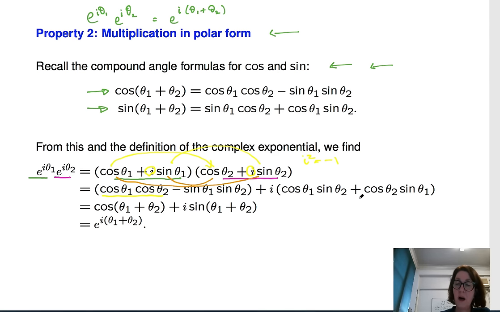So I get I sine theta 1 times cos theta 2. So that's all the cross multiplication, all collected together in these two brackets. So let's have a look now and see what we have. In this bracket, well, let me just rub off the writing for a minute so you can see this better.